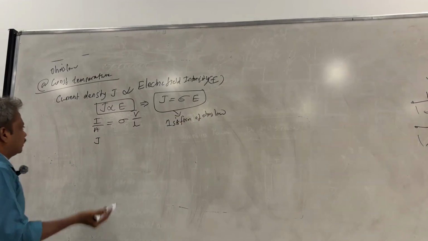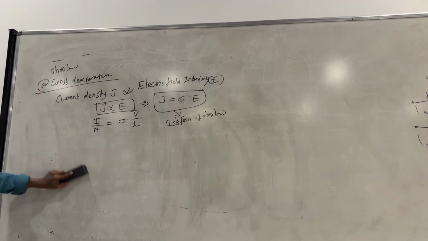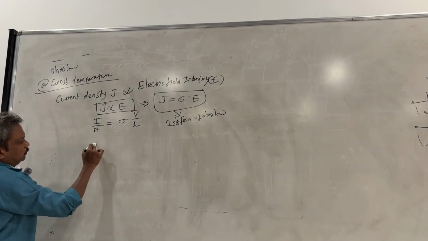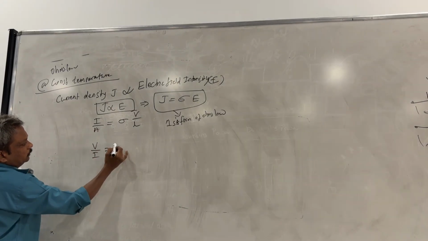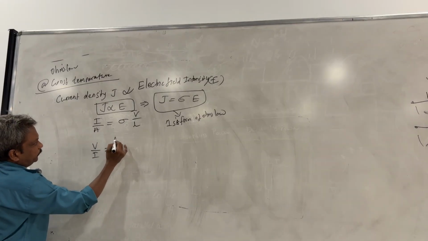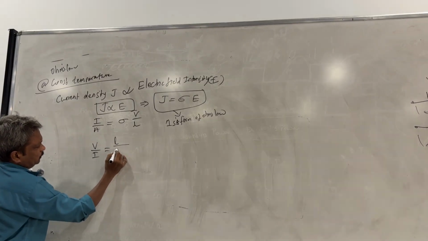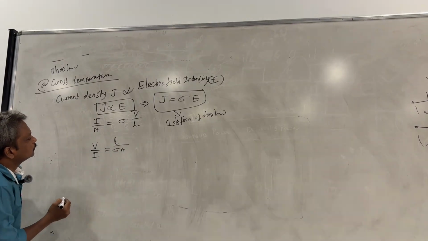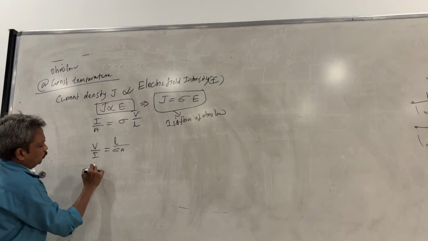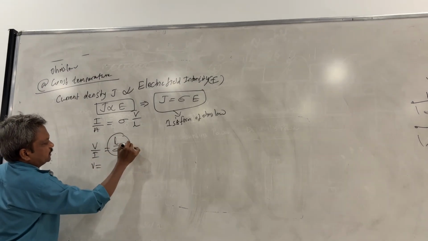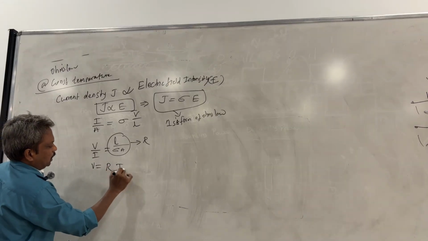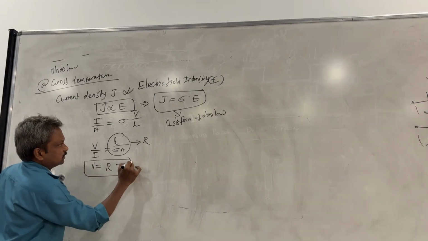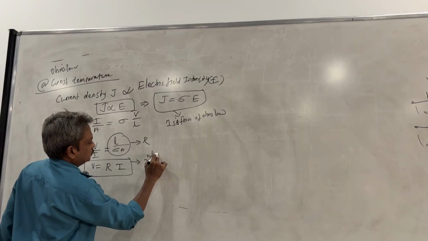From here we are going to derive V by I. V by I, you bring I here, L divided by sigma A, and you mention this as resistance R. V equal to R I. This is the second form of Ohm's law.